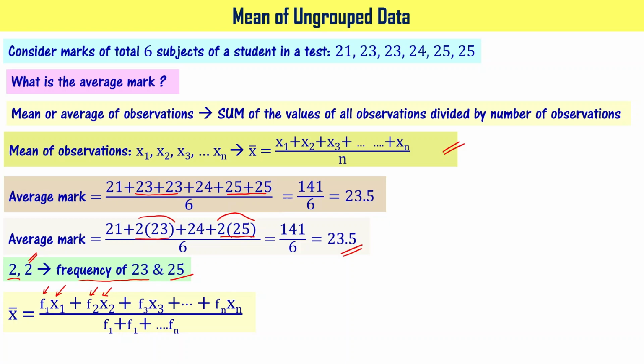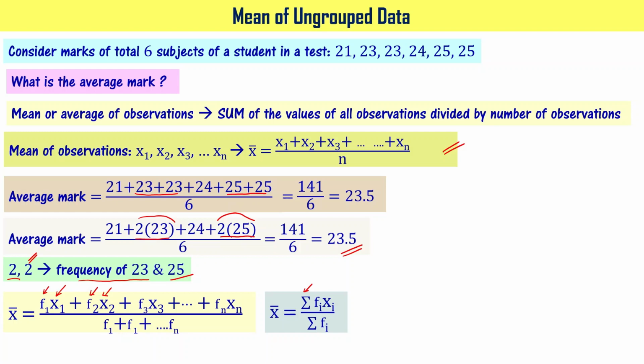Like that, if you have written all the observations and their frequencies, then you can write x bar as sigma fi xi divided by sigma fi. Here, when I say sigma, this is the summation symbol. It means we are going to sum all fi xi's, meaning f1 x1 plus f2 x2 plus f3 x3.